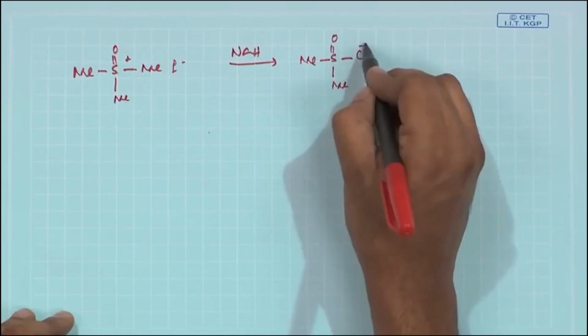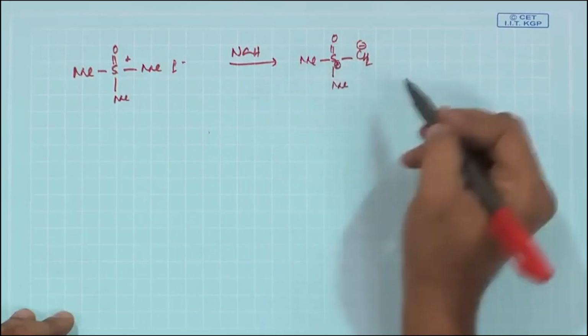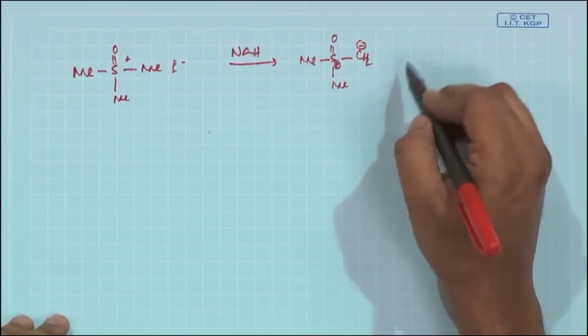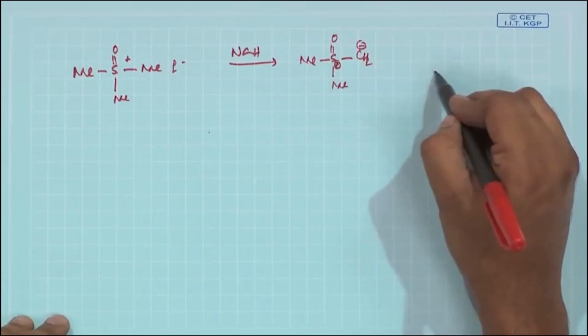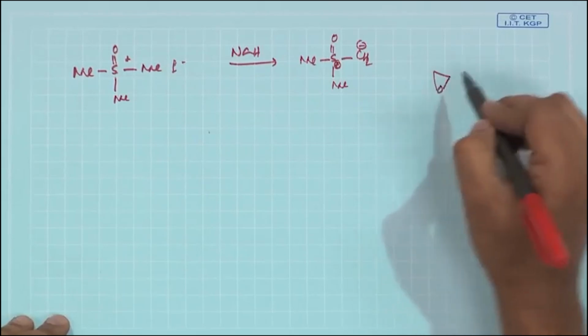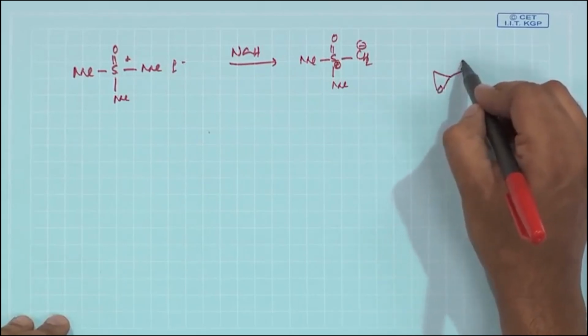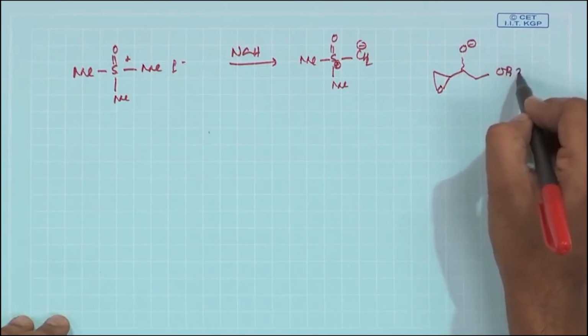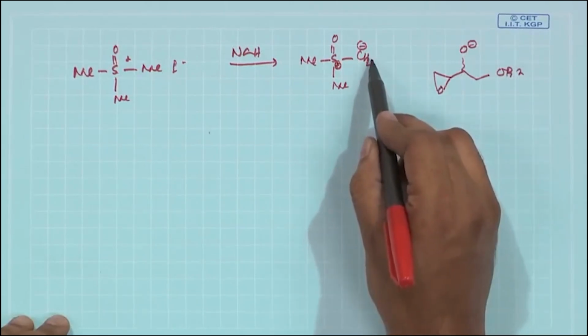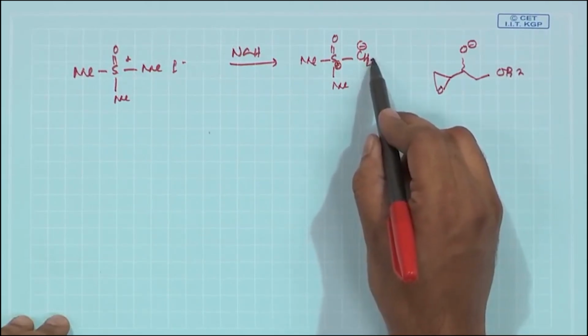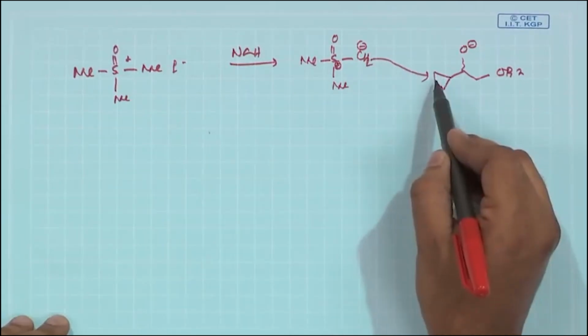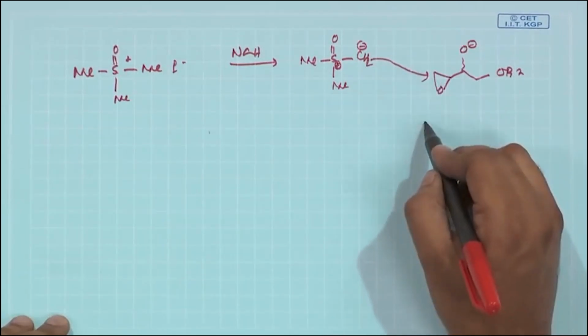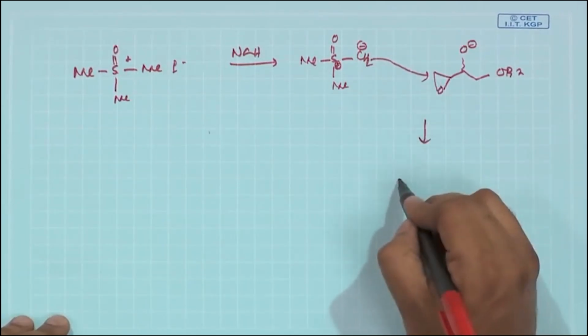anion, CH2 minus. Now, this CH2 minus will attack the terminal epoxide which has been generated after the Payne rearrangement. So, this nucleophile will attack the sterically less hindered site, and now what we will get?